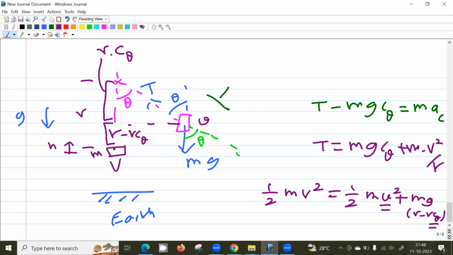So the tension will be maximum when the string is at the bottommost point. When the mass is at the bottommost point, the tension in the string will be maximum. And the tension will be minimum at the topmost point. So tension is maximum here, and the tension is minimum here.